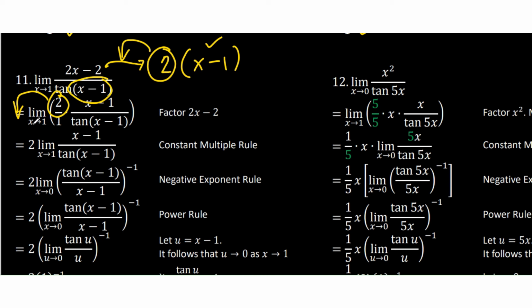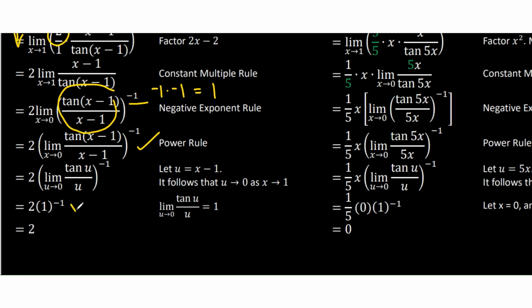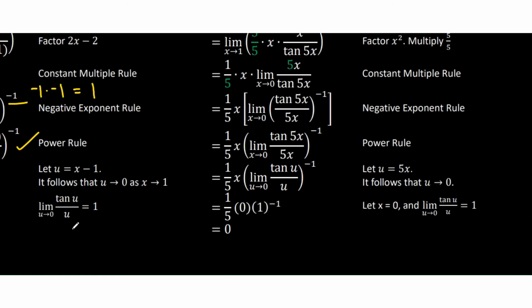So 2 times the limit of x minus 1 over tangent x minus 1, you can get the reciprocal by raising it to negative 1 and again raising it to negative 1. So negative 1 times negative 1 is again 1, so no effect. So 1 raised to negative 1 is simply 1, so there's no problem. 2 times 1 is 2.